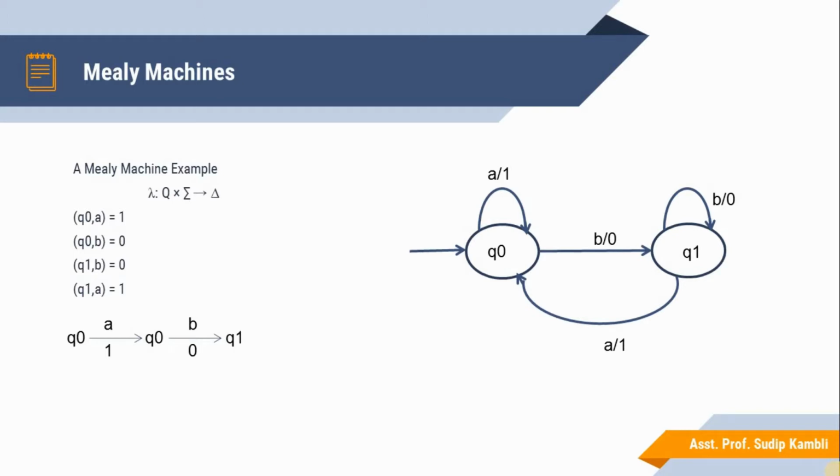Then q1 scanning input b goes to the same state q1, and the output is 0. And q1 scanning a goes to q0 state and the output is 1. Here, if we consider n bits of input, then the output will be n bits.